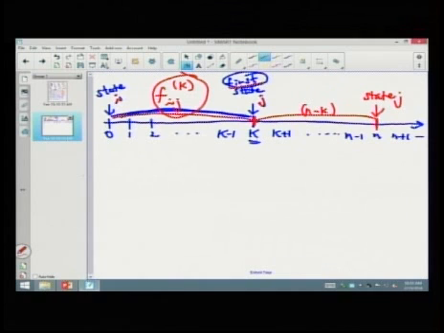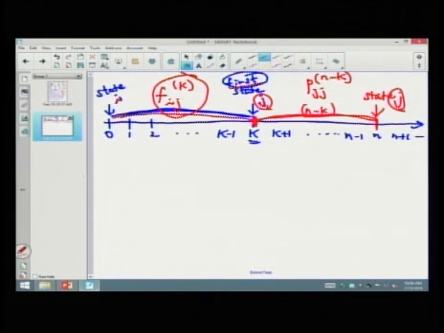And what is this? Starting from state j, after n minus k steps, you are still in state j, from j to j, after n minus k steps. What is this? That's going to be P sub jj to the n minus k power. Does that make sense? Is that right?